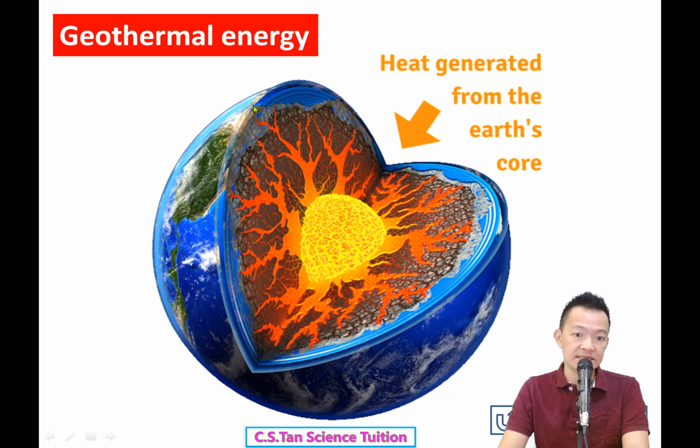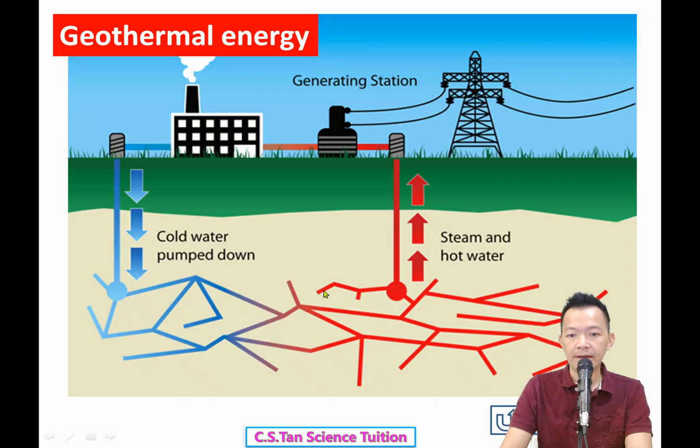Or certain places, 有些地方, are very close to the hot part, or close to the mantle of our Earth, 它们很靠近地球的地幔. Okay, so now they pump the cool water inside, 他们把冷水 pump 进去. And the heat from the Earth finally heats the water. The water becomes the steam.